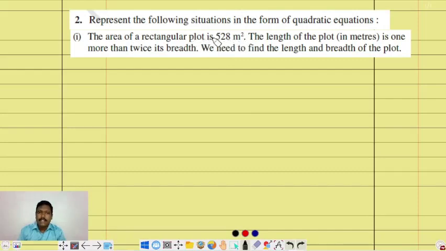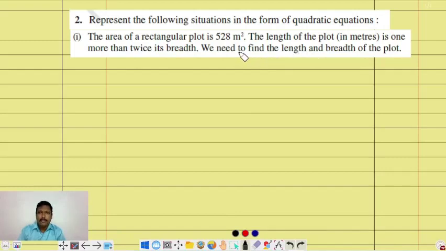The length of the plot in meters is 1 more than twice its breadth. We need to find the length and breadth of the plot.